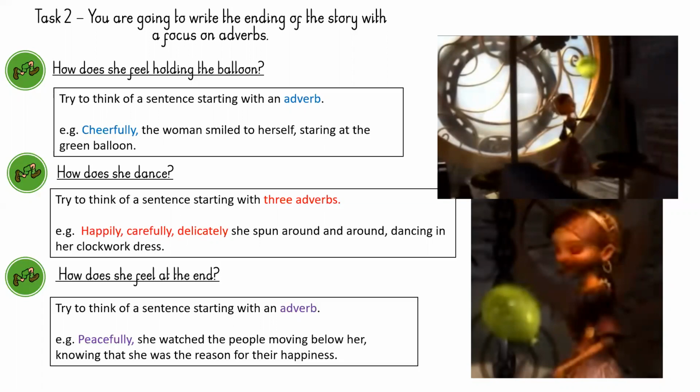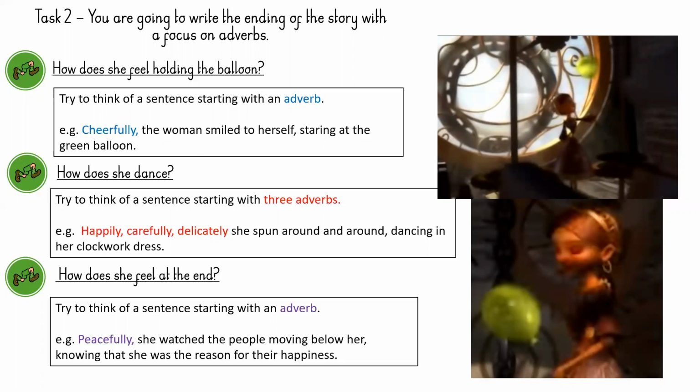So we're really thinking about all those different ways we can start our sentences. It's an important way of ending a story sometimes, because it's really showing the emotions of the character as we draw our story to a close.